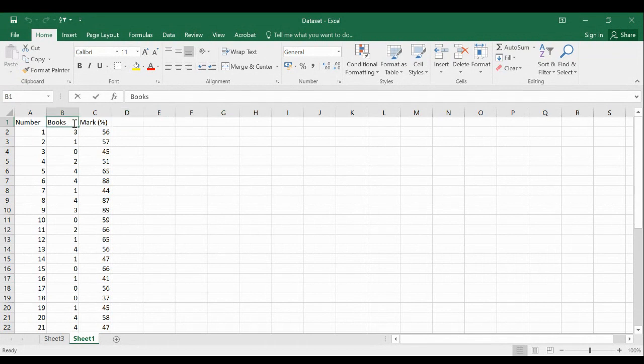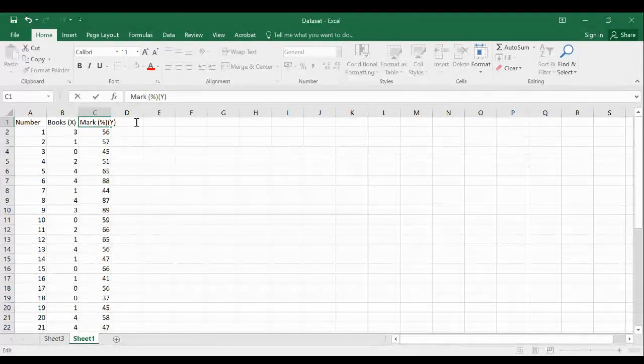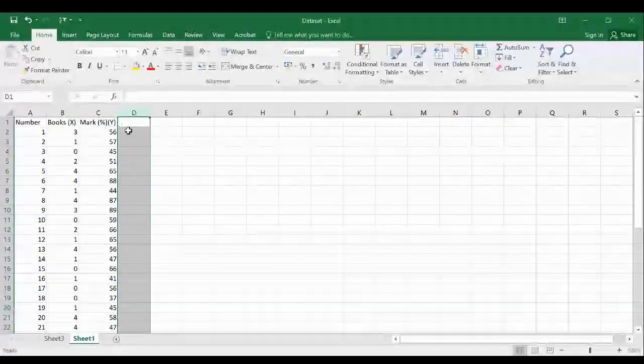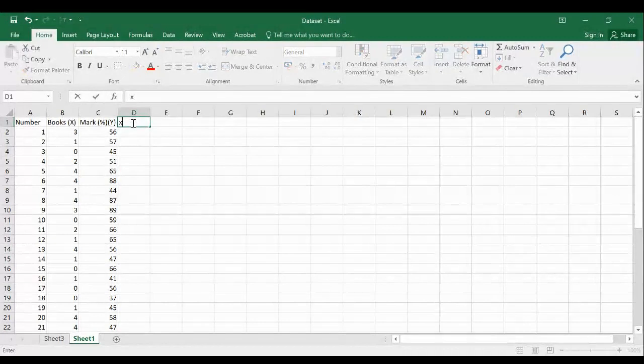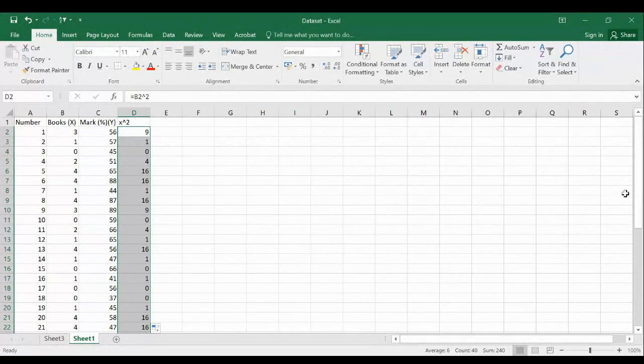So as I've indicated, I should have provided you with this data set. What I'm going to do now is make it clear that these are the values of X and these are the values of Y. And what we need here is X squared. If we can get X squared, then we can have the sum of these values squared.